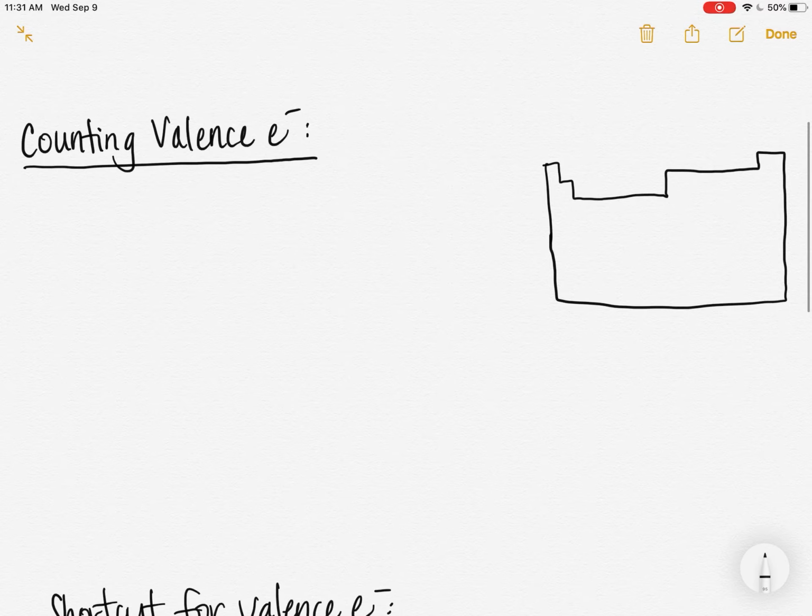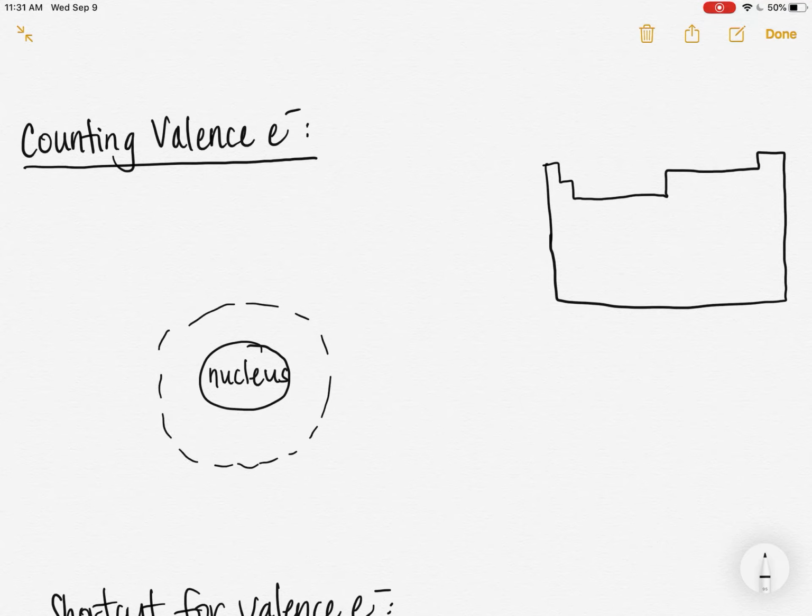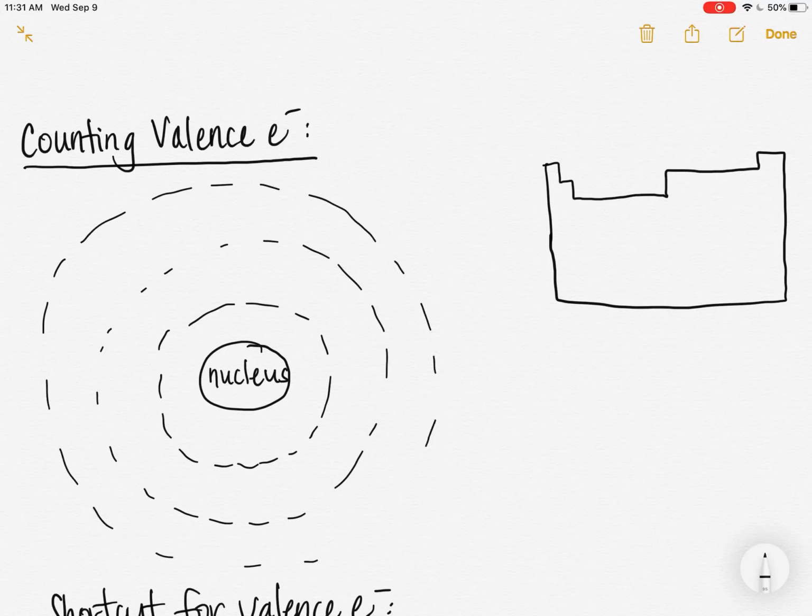So if we talk about an atom, let's just say we have the nucleus. We know, of course, that in the nucleus are the protons and the neutrons. But then at some point in your career, you've been taught that there are energy levels that surround the nucleus: the first energy level, the second energy level, and the third energy level.